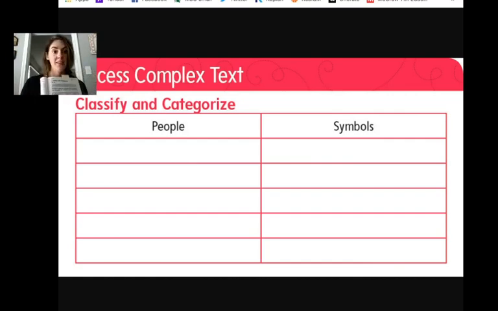So go ahead and find that page for me. Pablo says, yes, please find that page. All right. We'll get you to that page.